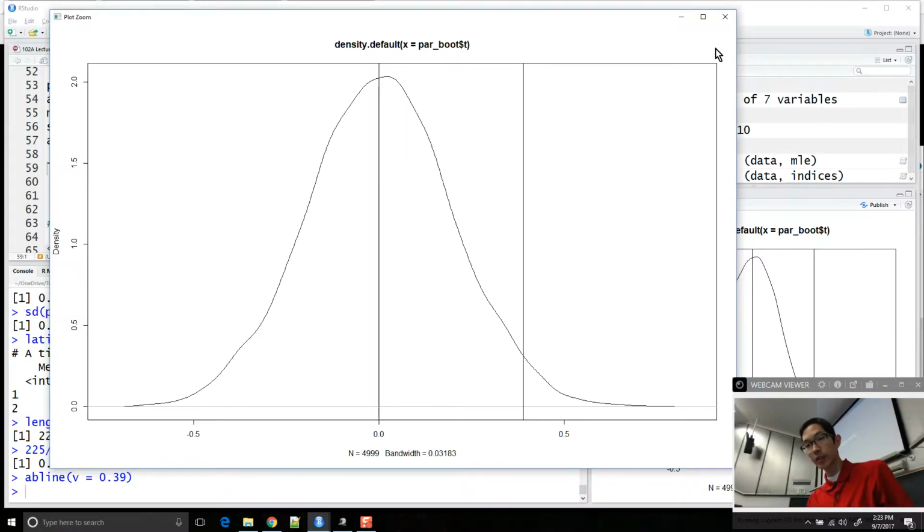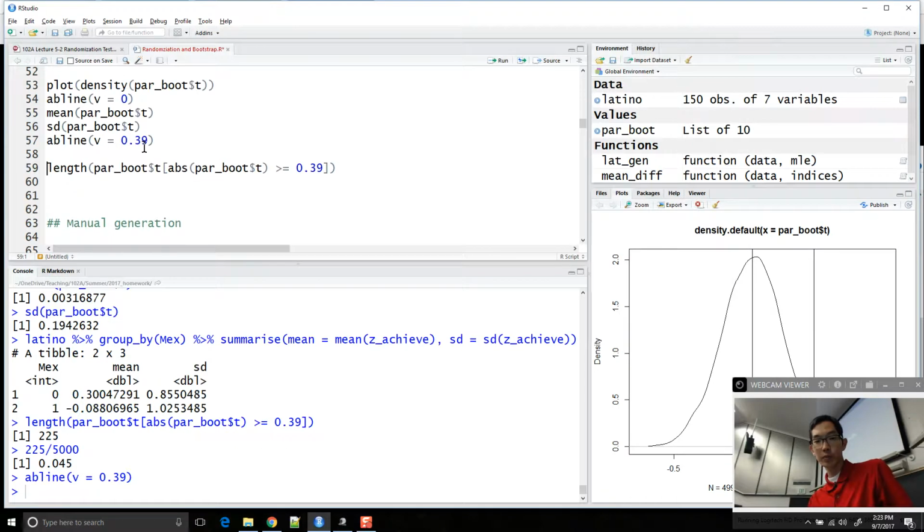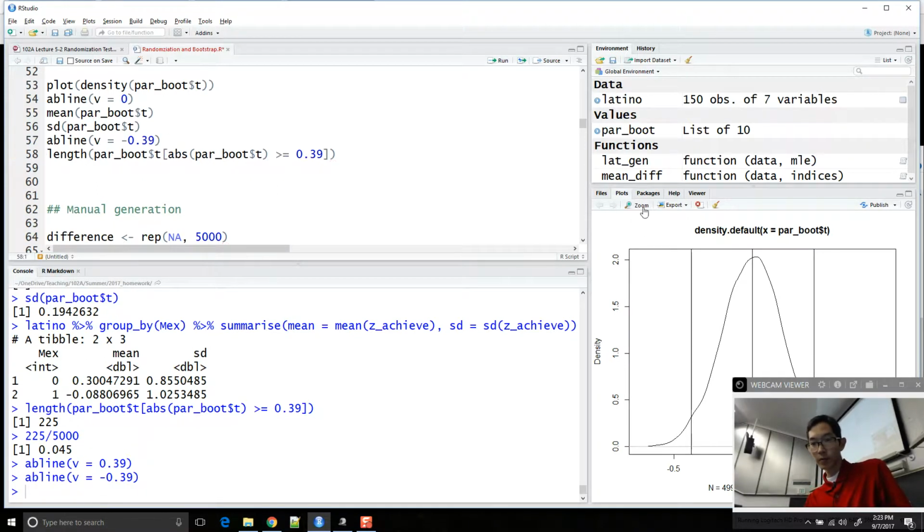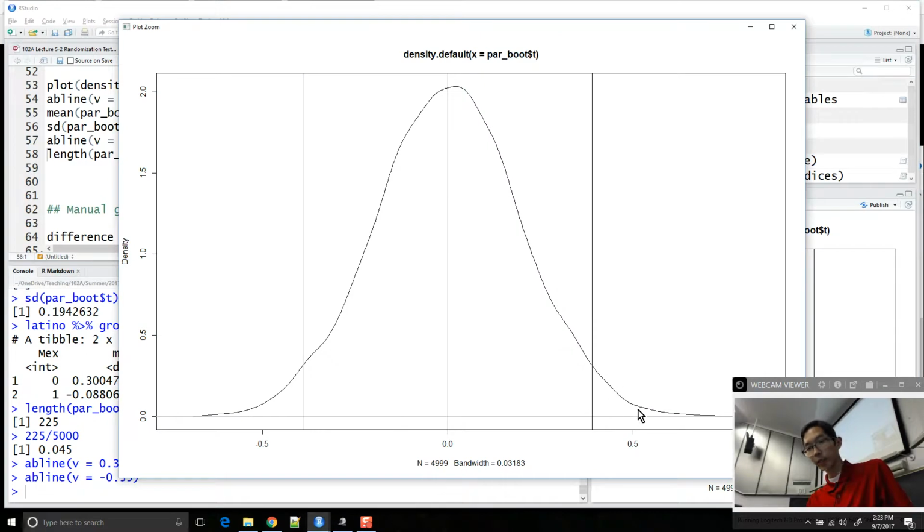Or I guess at negative 0.39 also. So how often do we have an absolute value greater than 0.39, or less than negative 0.39?